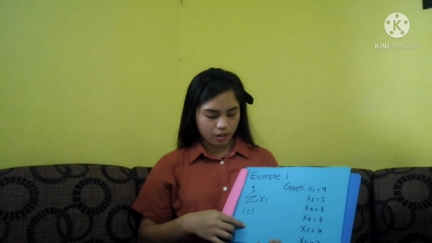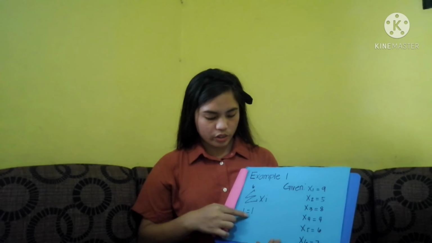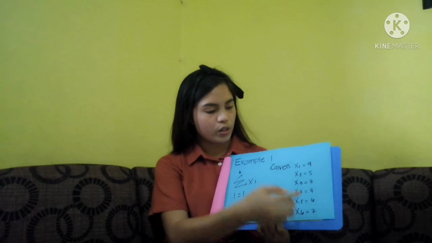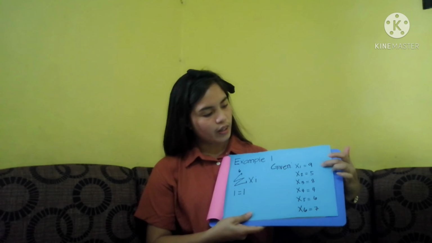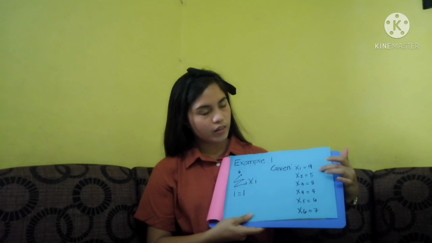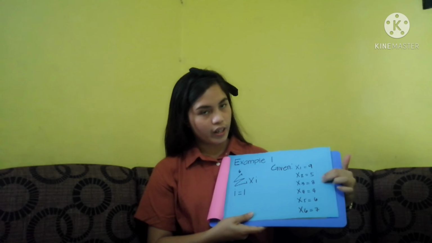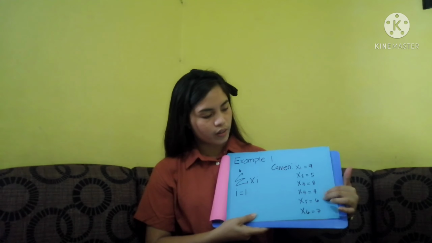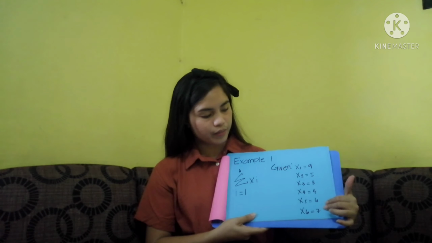Next, we get the values of x sub 1 to x sub 6. So we have here the values 9, 5, 8, 4, 6, and 7.